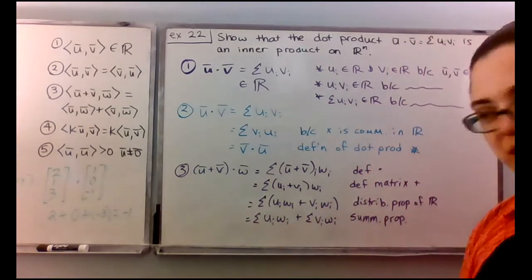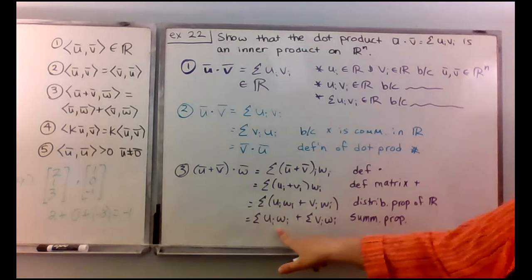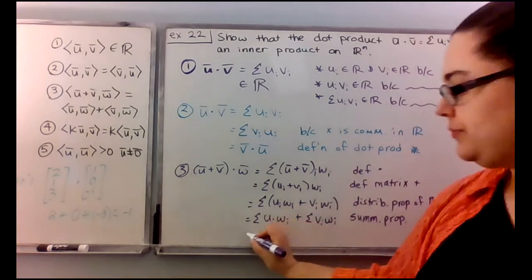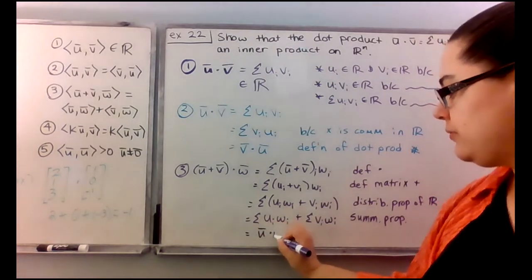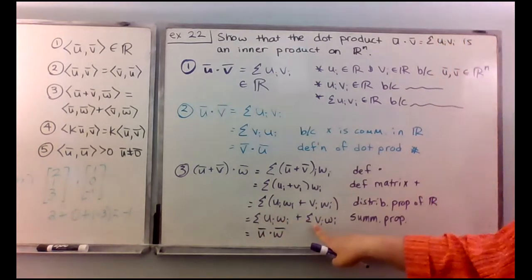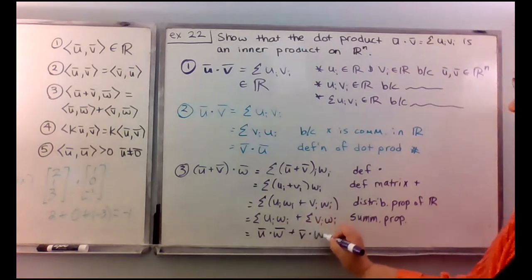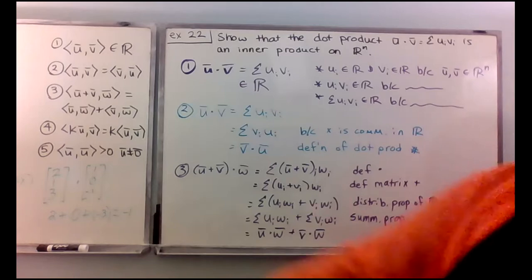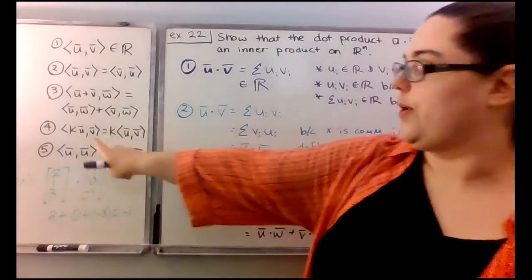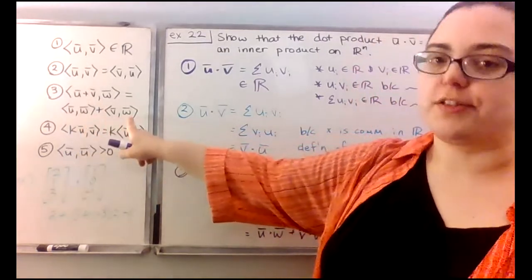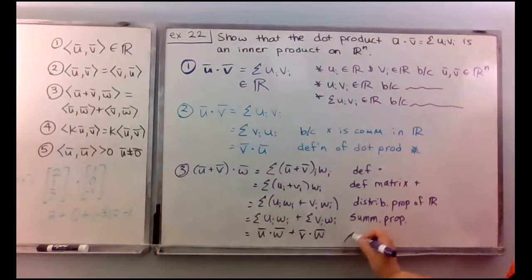And now we have some good news because the sum of ui wi is the same as u dot w. And the sum of the vi wi is just v dot w. And that's what we needed to show. We needed to show that we can split it up and add across these two. I would say that's the definition of dot again.